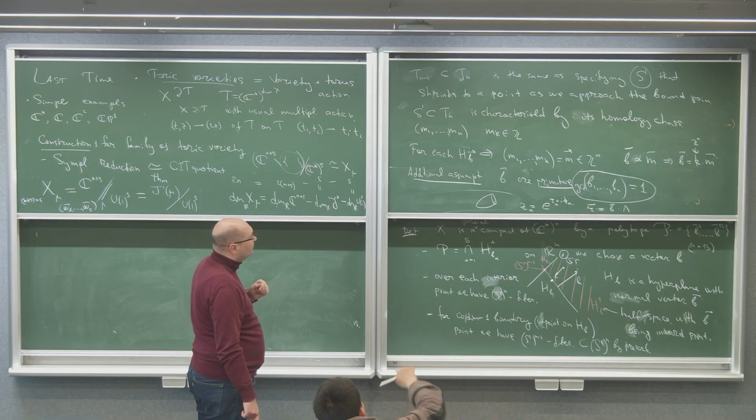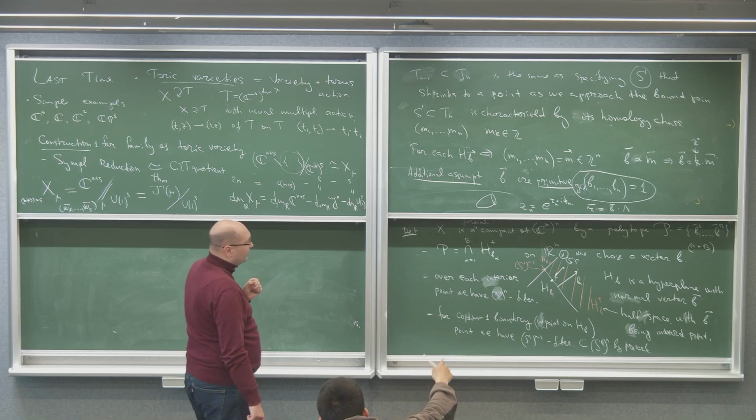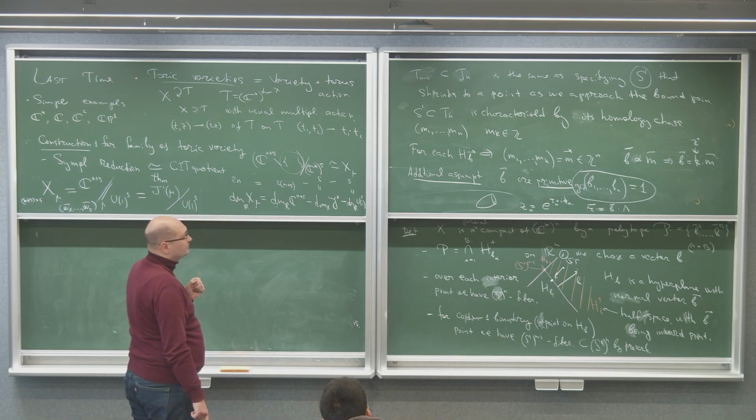How can we identify this M vector, this M cycle, as z to the power of M? What you want to show is that this hyperplane is invariant.